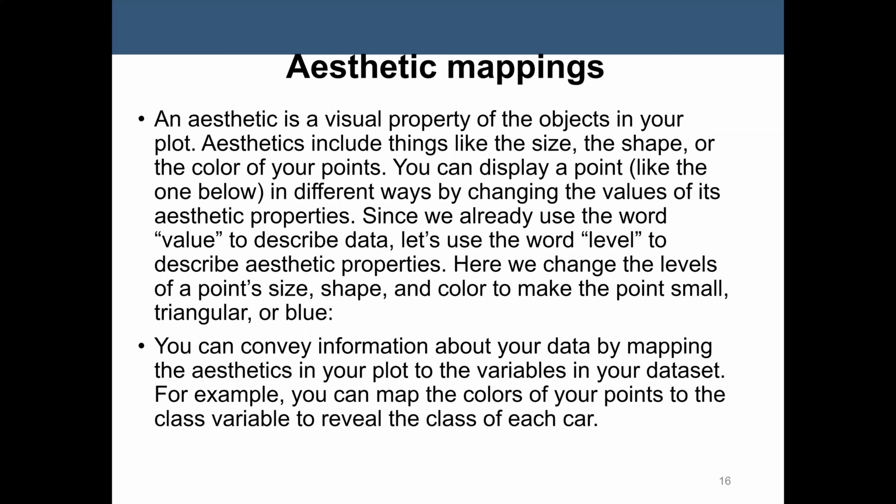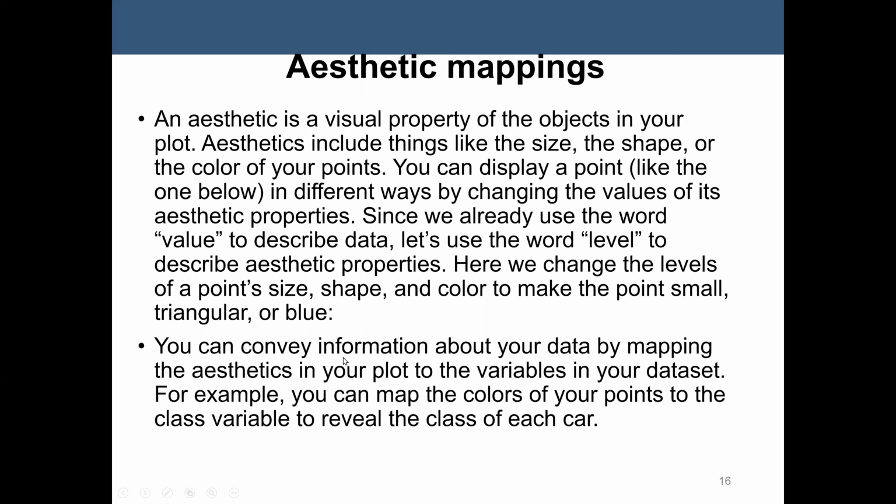Since we already used the word value to describe data, now let us use the word level to describe the aesthetic properties. So here we change the levels of a point's size, shape, and color to make the point small or triangular or blue.